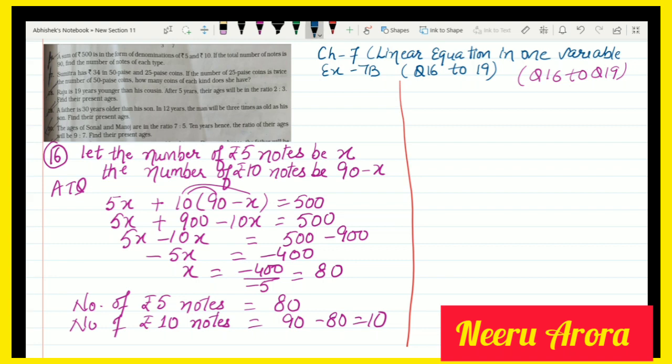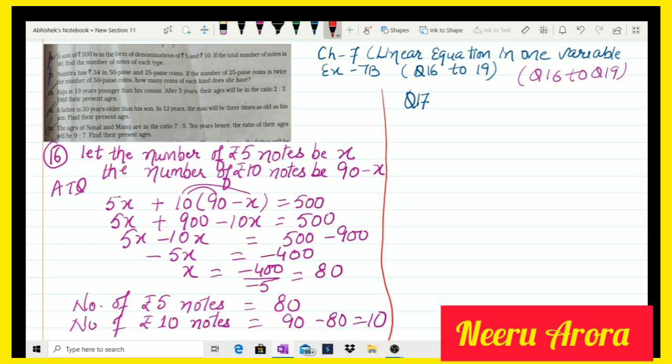Now look at question number 17, which is just like 16. Sumitra has rupees 34 in 50 paisa and 25 paisa coins.